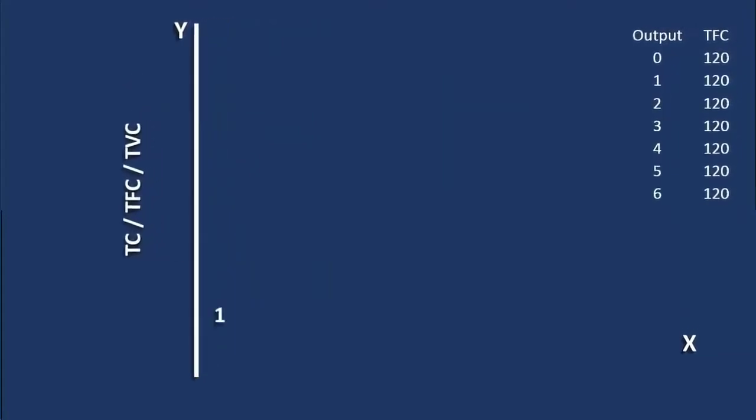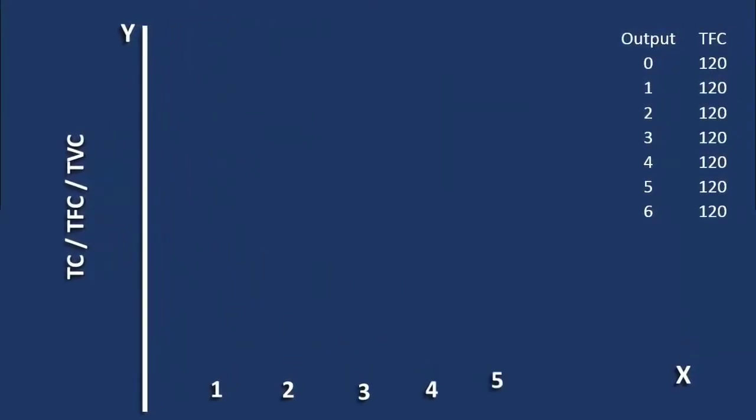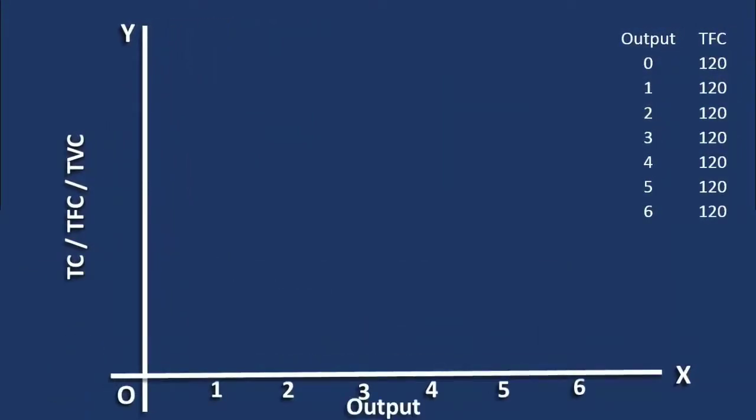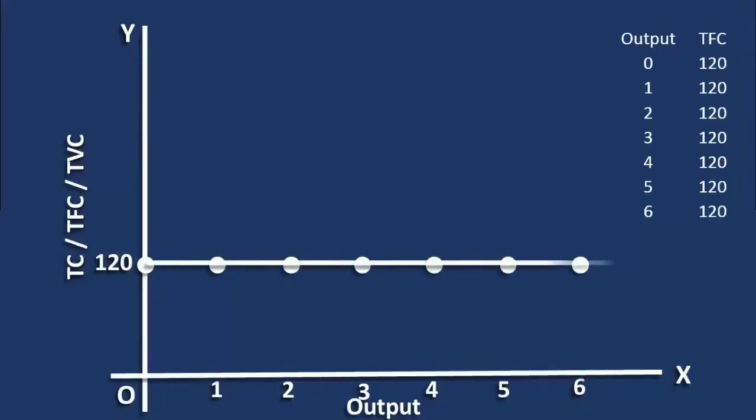Now we'll see what is the shape of TFC curve under short run. You can see the table which shows the output and the total fixed cost. The output varies from 0 to 6 units, but TFC remains fixed at 120 rupees.